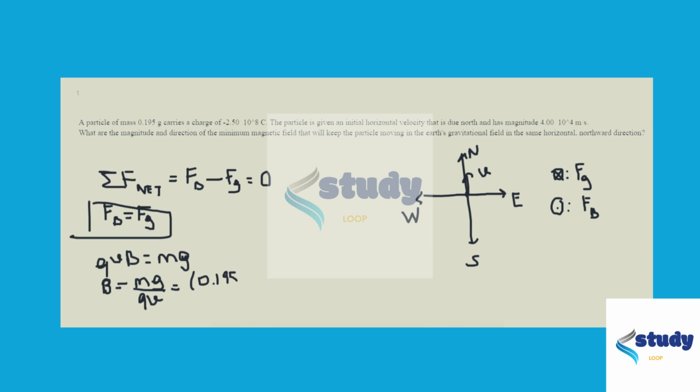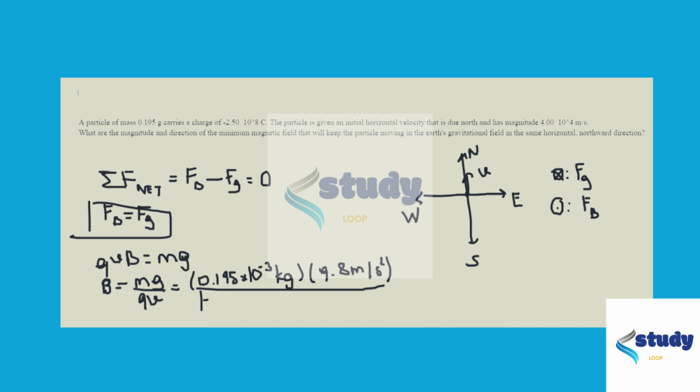0.195 times 10 to the power of -3 kilograms. We have to do the conversion from grams to kilograms. And then we have the gravitational acceleration, which is 9.8 meters per second squared. And in the denominator, we have the absolute value of the charge, right? You don't take this negative into consideration.